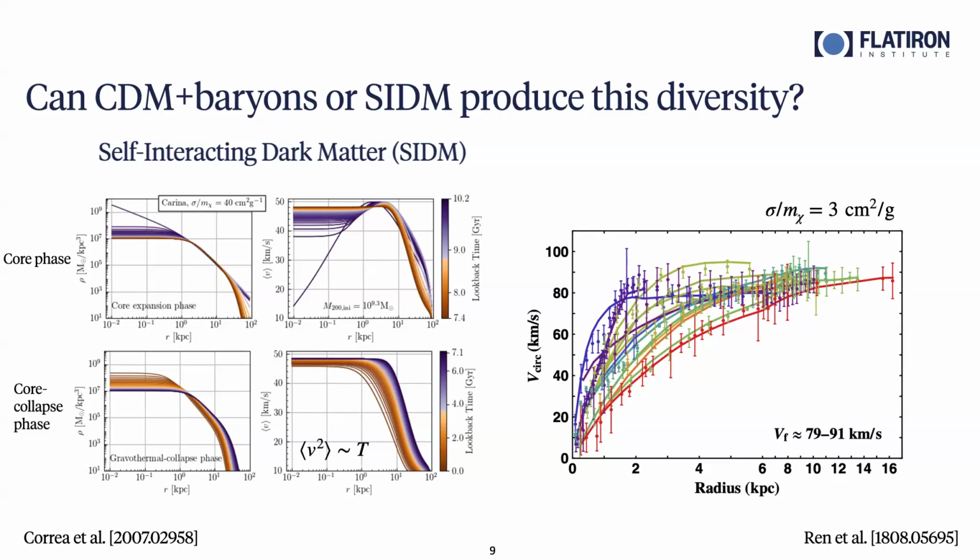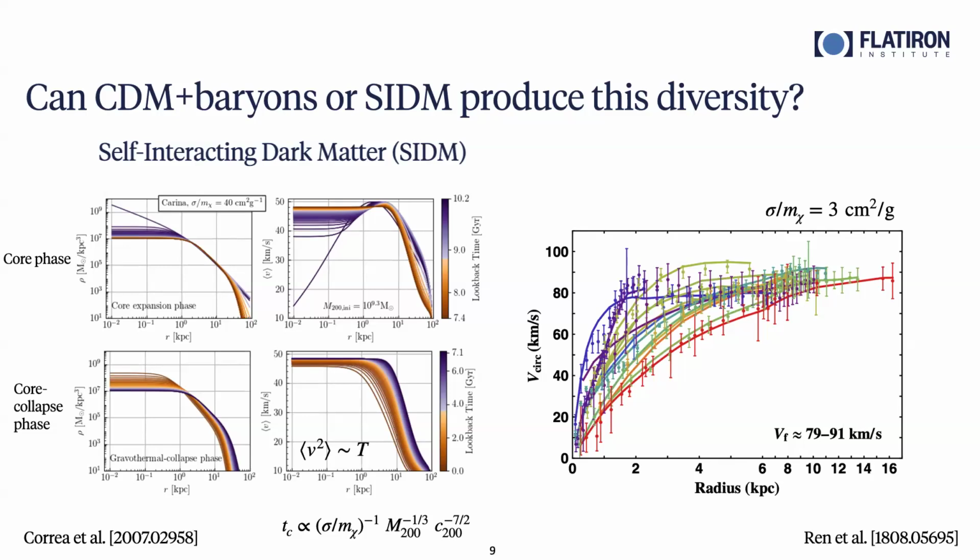It depends. How fast or slow this happens depends on the strength of the interaction. How fast or slow you get into this core collapse phase depends on how strong your cross-section is, as well as the mass of the system and the concentration of the system. Now these two are coupled, right? There's some scatter in the relationship between the mass and the concentration, but at a given mass you have a fixed cross-section.